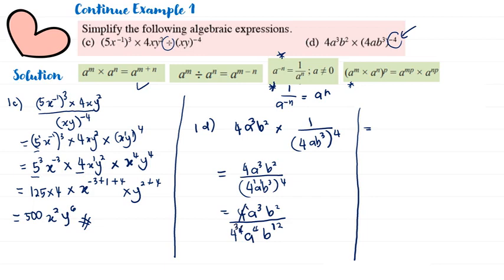And then this one a power of 3, you cancel a power of 3. Denominator, we have a power of 4. So it becomes a power of 1. B power of 2, cancel 2 below. So it becomes power of 10.